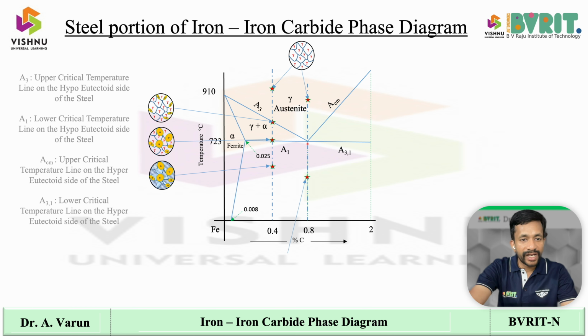So if we take anywhere below that, that is a pure eutectoid reaction, where austenite directly converts to ferrite plus cementite. And this is how it is represented, it will have alternate layers of ferrite and cementite.